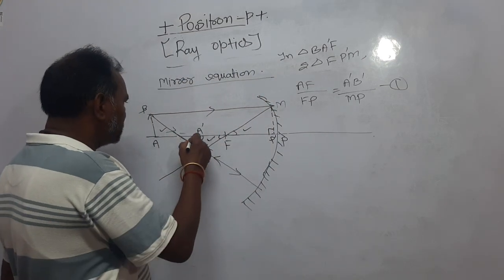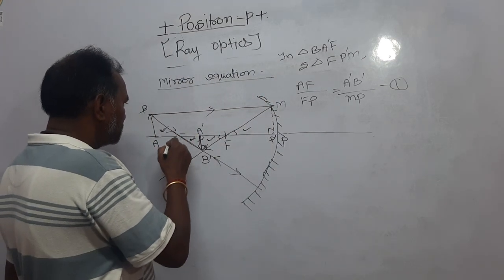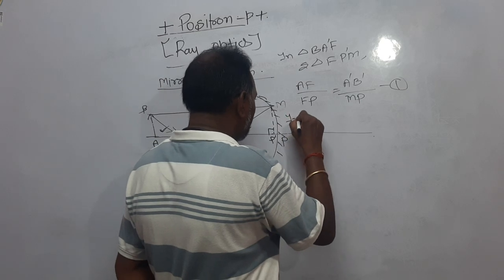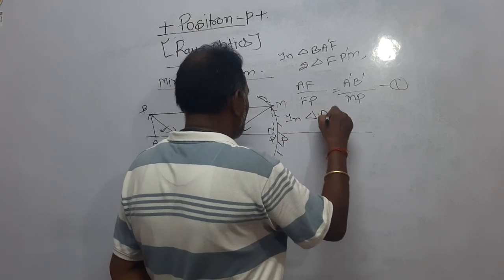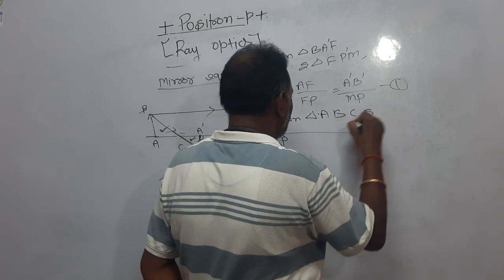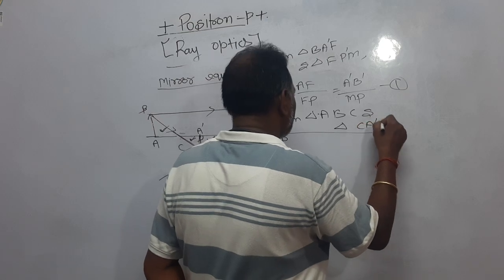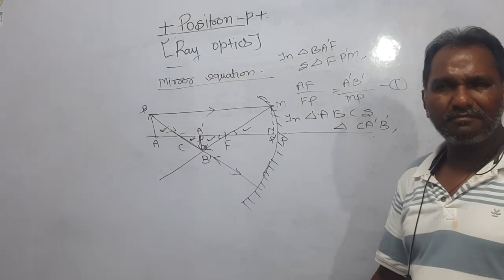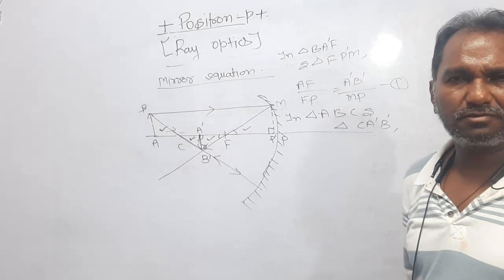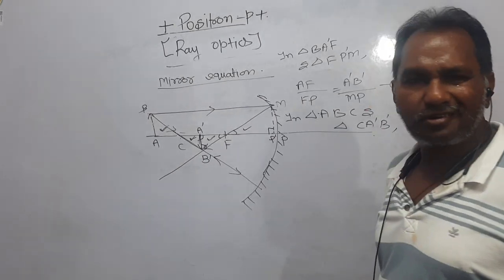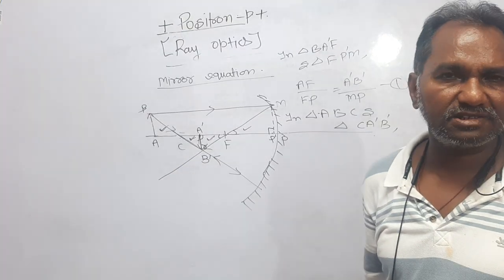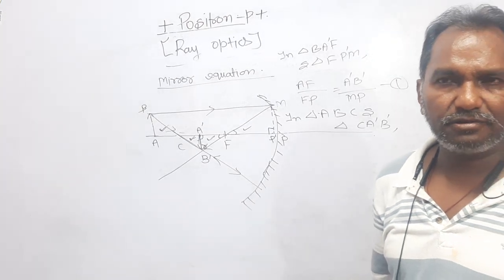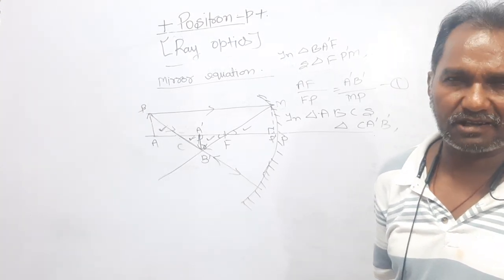Dear student, in these two triangles, triangle ABC and triangle CA dash B dash, what I am trying to do is prove that the two triangles I am comparing are similar, so that you can take the ratio of their sizes.